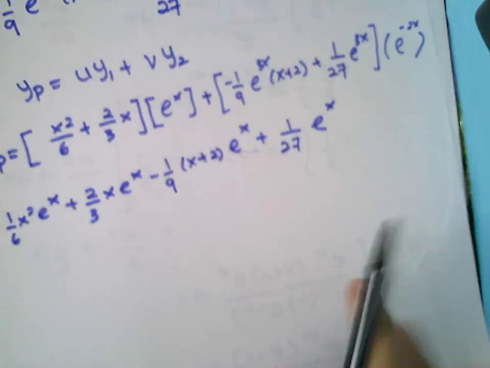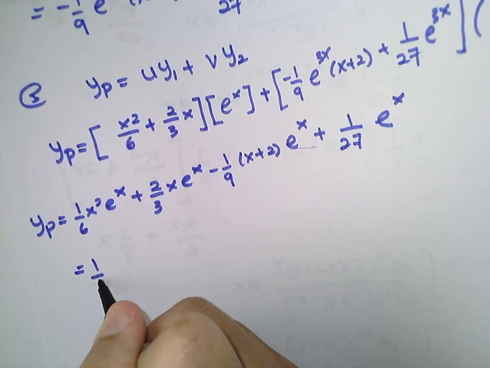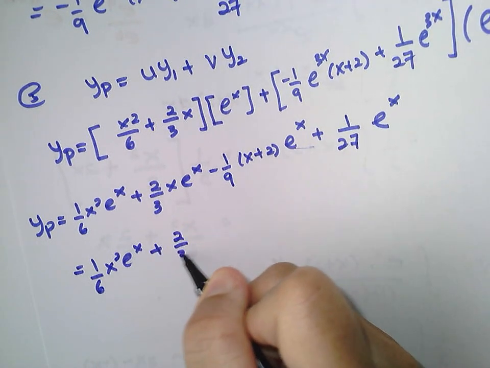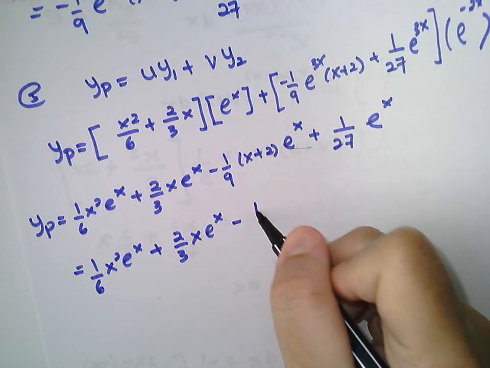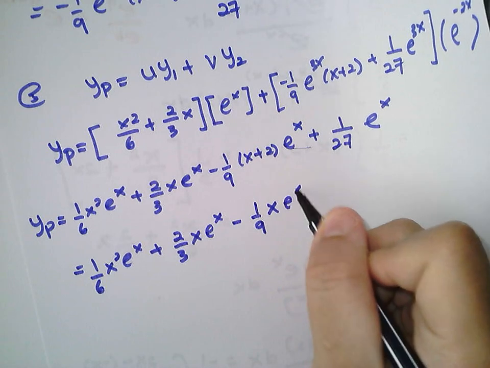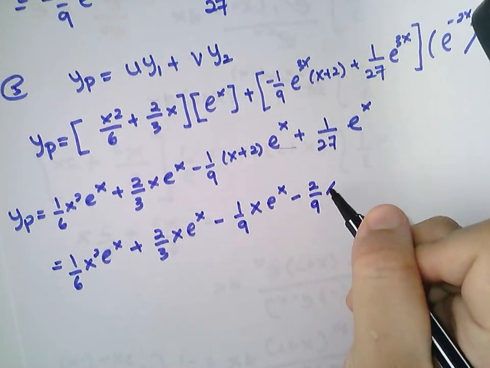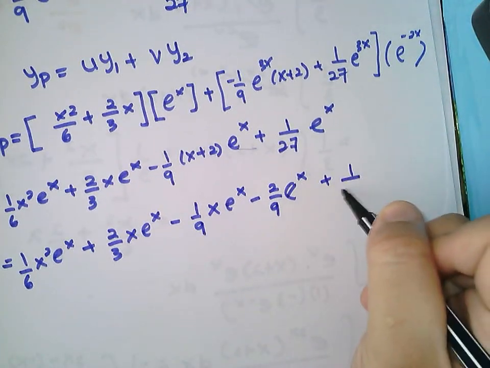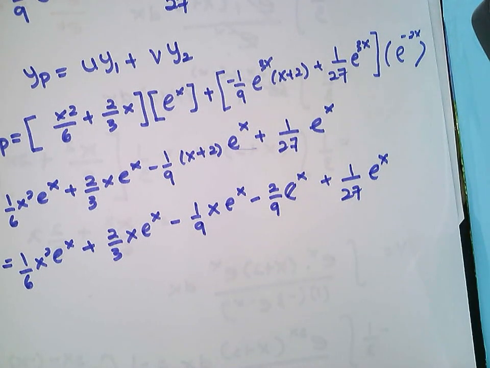If you expand this, you will have 1 over 6 x squared ex plus 2 over 3 x ex minus 1 over 9 x ex minus 2 over 9 ex plus 1 over 27 ex. As you can see, there are a few terms that we can simplify.